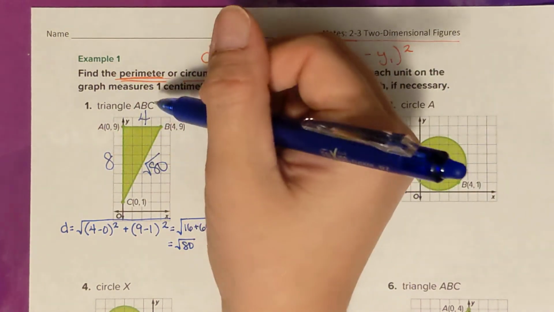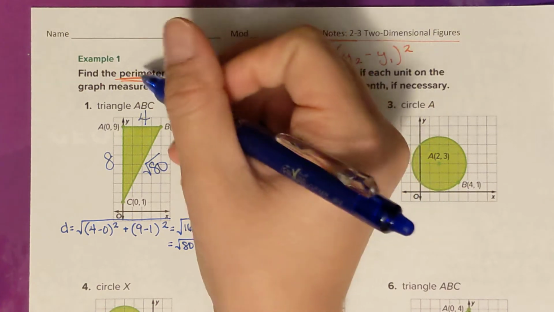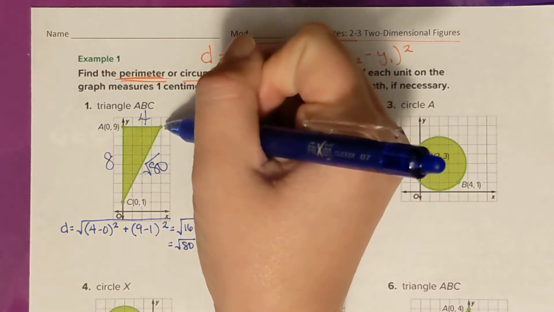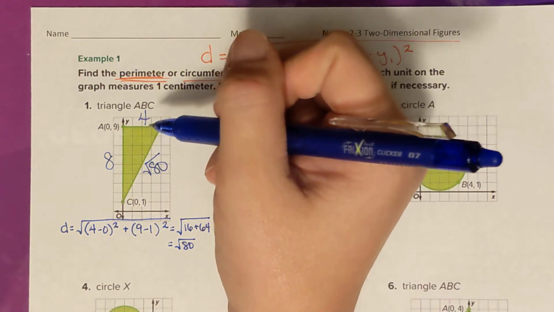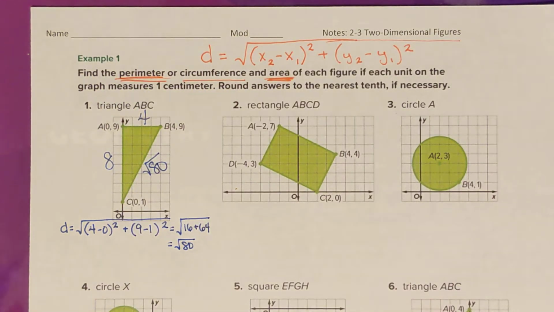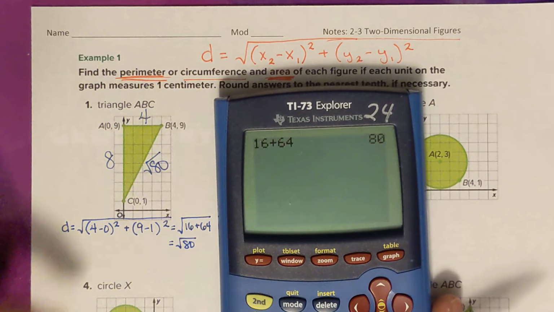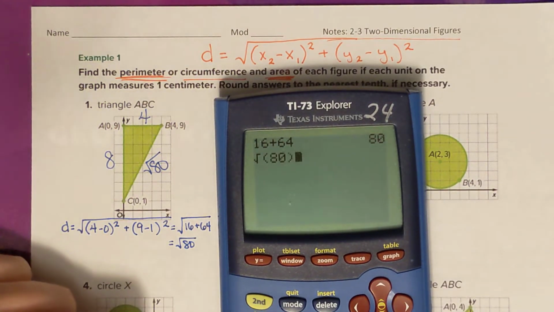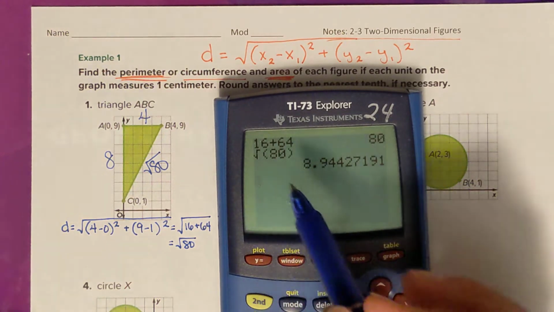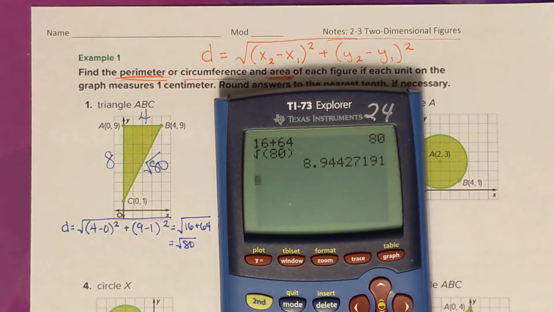So now for perimeter, this should be easy. Perimeter, remember, that's where you find all of the sides and you add them up. Okay? So to figure out our square root of 80, square root of 80 equals that fun, lovely decimal. Okay? And we're going to add 8 plus 4.